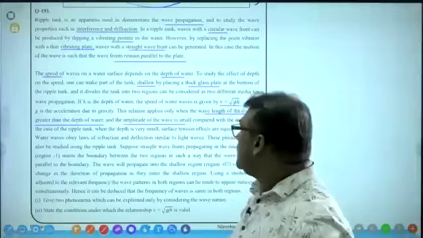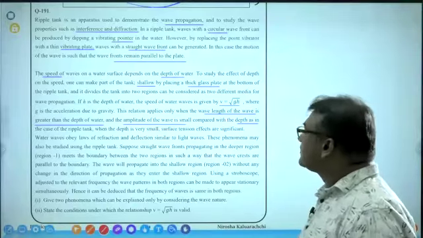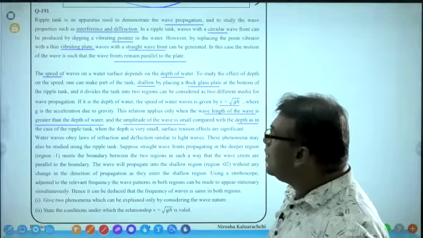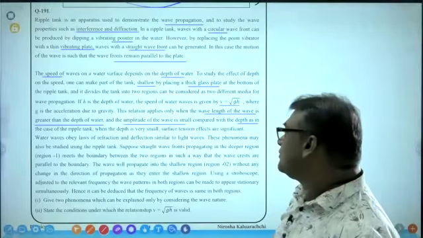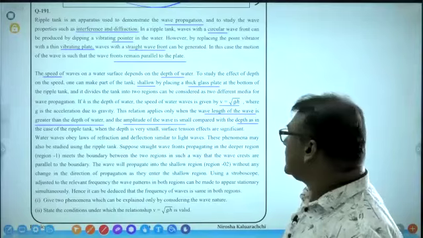Then next, when the depth is very small, the surface tension effects are significant. Water waves obey laws of refraction and reflection, similar to light waves.